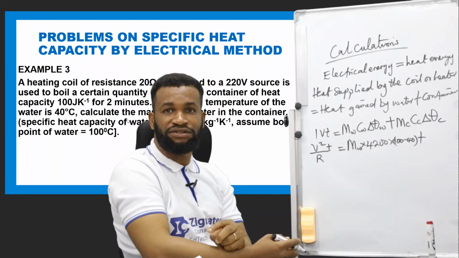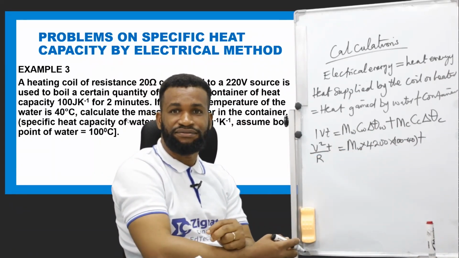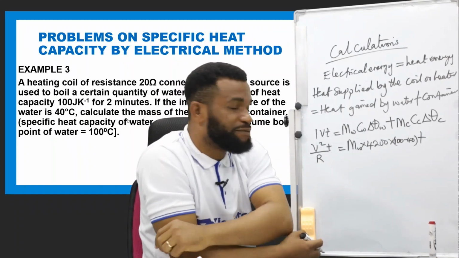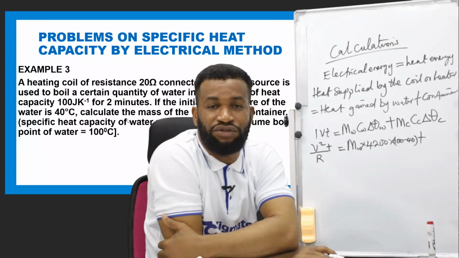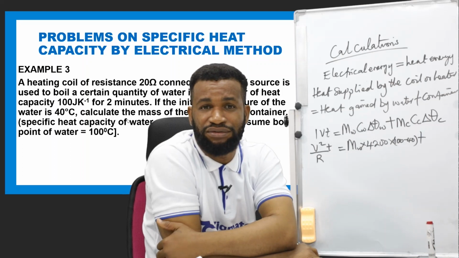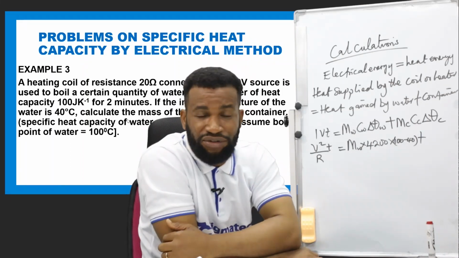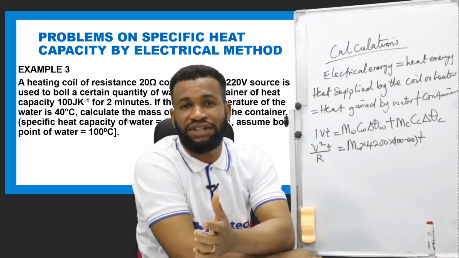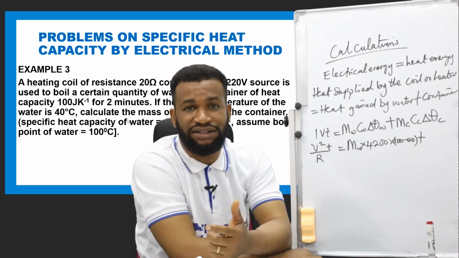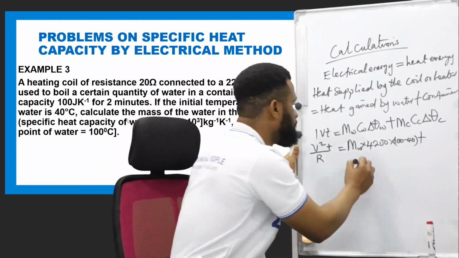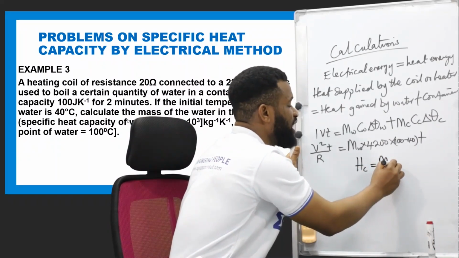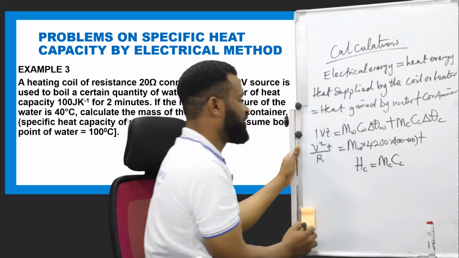So we have to look for the mass of the container. The mass of the container was not given, and the specific heat capacity of the container was also not given. Then we have to think of something different to do. And that comes with what we discussed in our previous class, when we said that the heat capacity is equal to mass times specific capacity. So heat capacity of the container is equal to mass of the container and the specific capacity of the container.